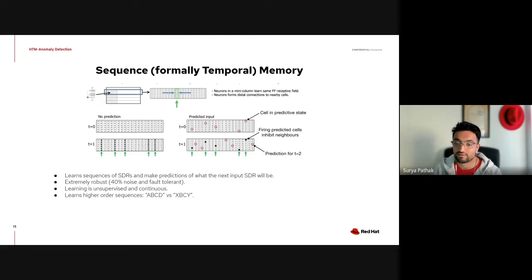It learns higher order sequences. So let's take an example and see how it learns higher order sequences like ABCD and XBCY. Let's see.